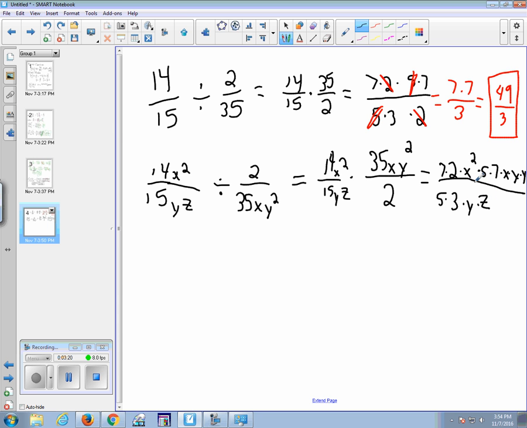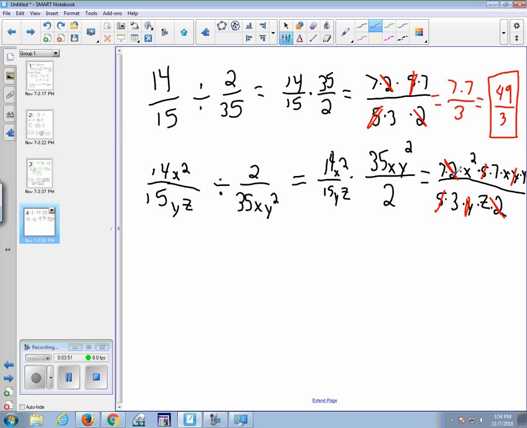Now, why did I leave x squared as x squared, but I rewrote y squared as y times y? Well, it's because x's aren't canceling, but y does cancel with y, just like 5 cancels with 5. Oh, I forgot to write the 2. There you go. And the 2 cancels just like it did before.